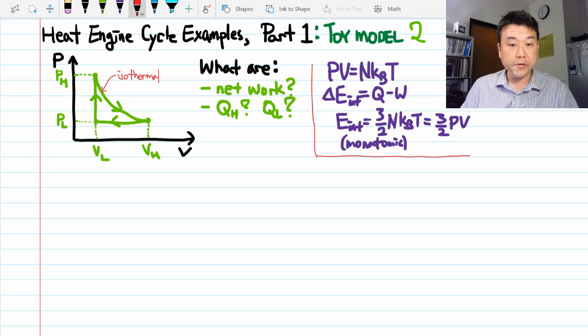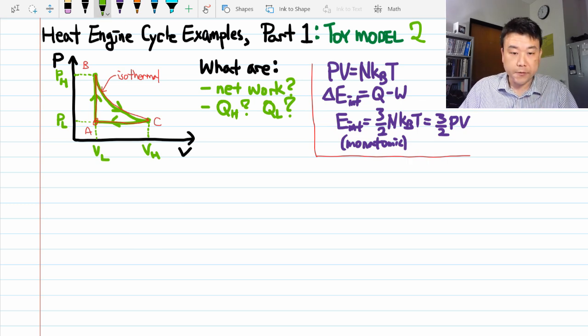So without further ado, let's start the analysis. So let's say this system starts from this point, A, undergoes isochoric heating, reaching point B, undergoes isothermal expansion, reaching point C, and then returns to the original point by isobaric contraction.